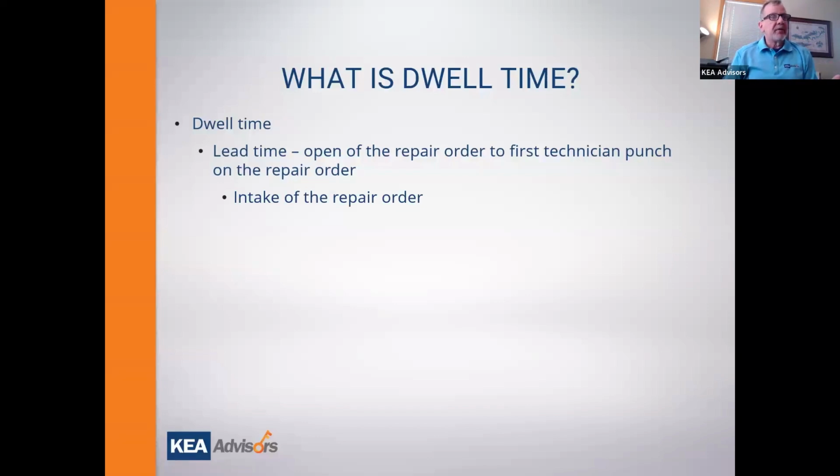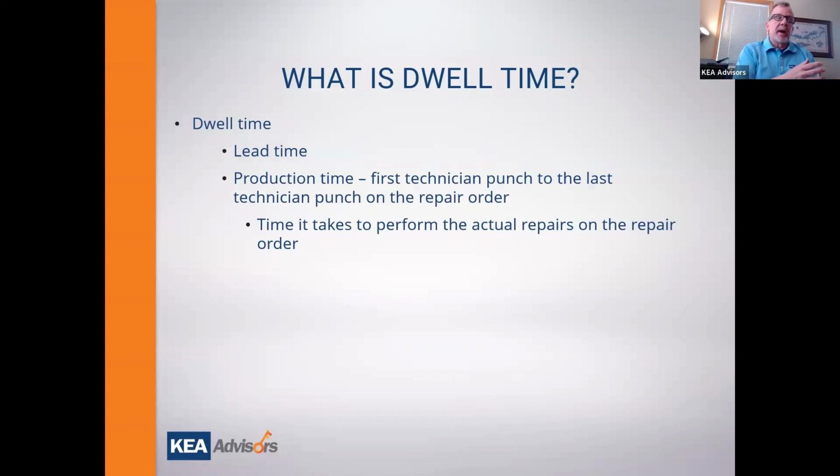The second piece of it is production time. It's the time it takes to perform the actual repair on the repair order. That consists of two items as well. First being technician work time, which is made up of technician efficiency, the ability of the tech to turn the time on the repair order and to do it quickly. Secondly, it's made up of bay dwell time.